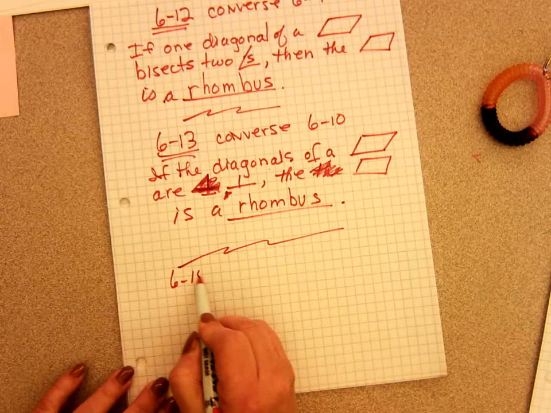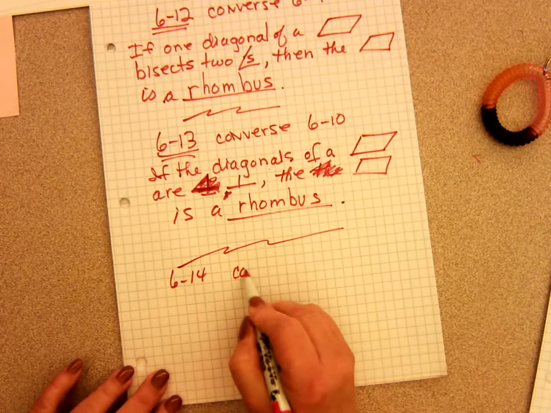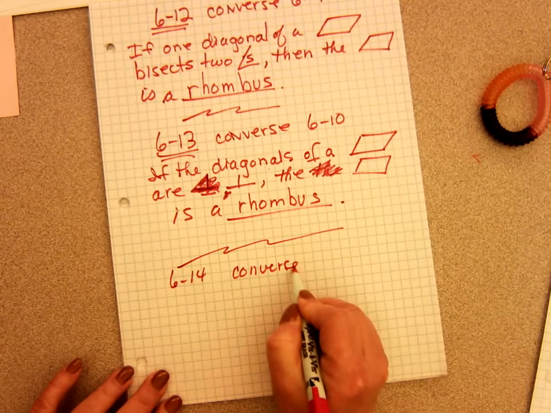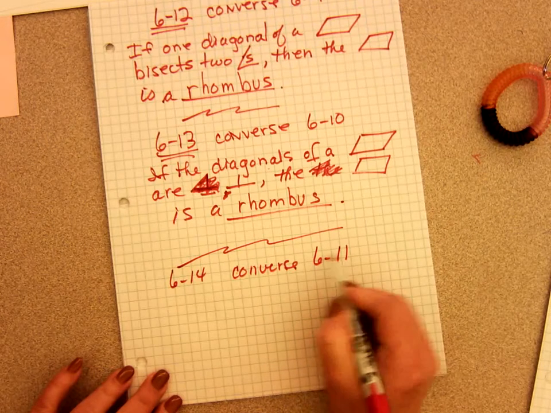And the last one is 6-14. It's the converse of 6-11.